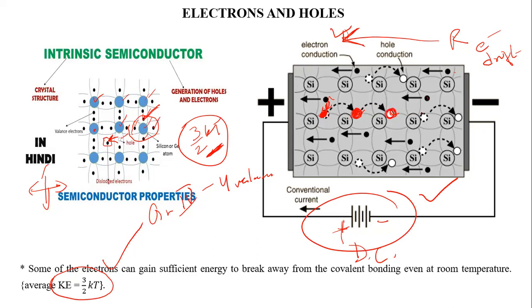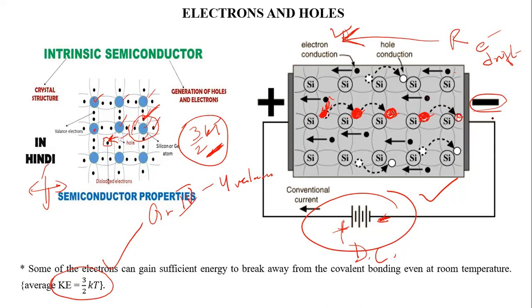Similarly, the next electron, under the action of the external electric field, will jump to the vacancy in its vicinity because of the negative potential applied here, and it will occupy this position and create another vacancy here.